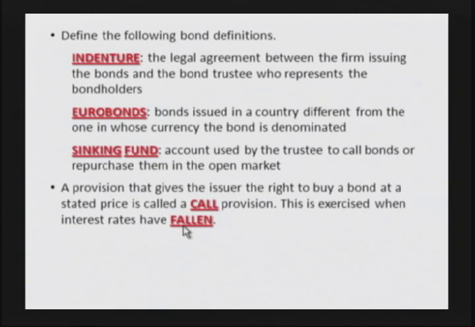So it's like refinancing your home. When interest rates fall, you want to go get new debt from the bank to pay off your existing mortgage. Well, callable bonds will get called in using the funds from lower rate bonds the firm issues, so it can afford to call in those previously outstanding bonds.